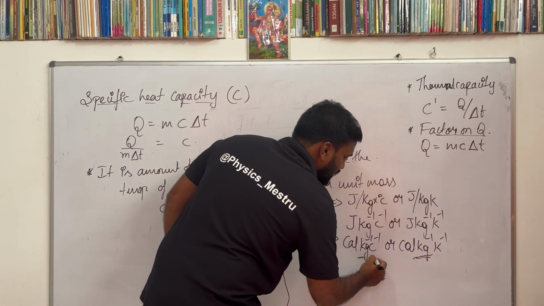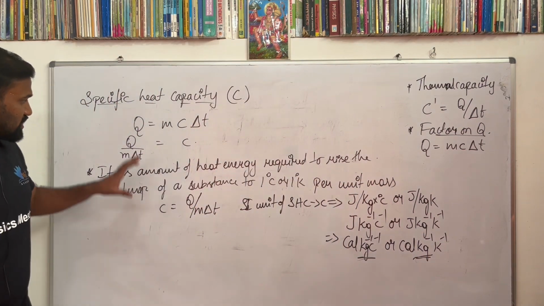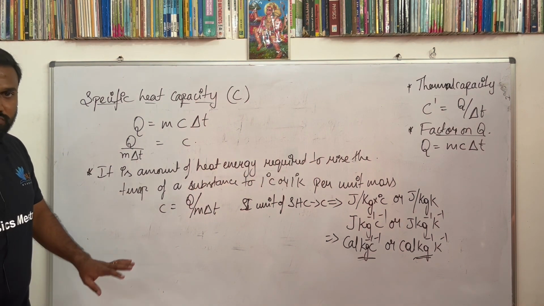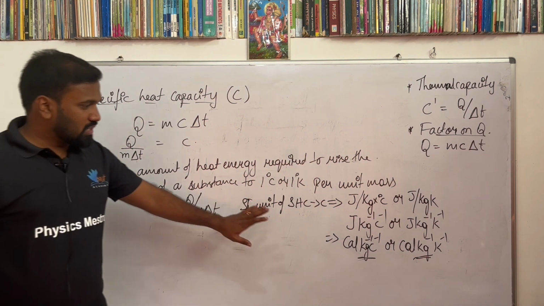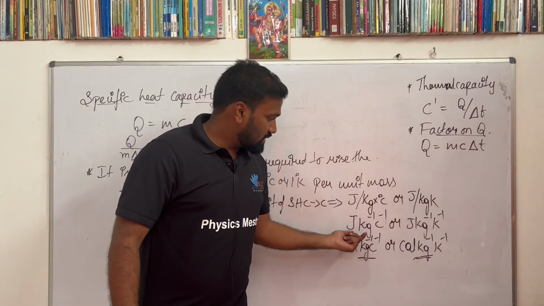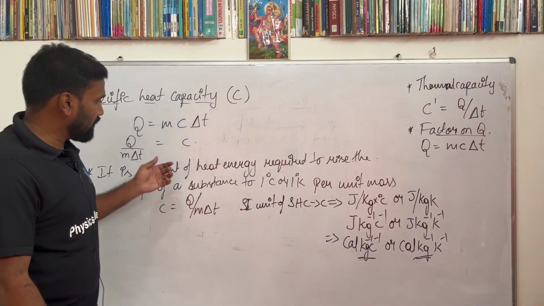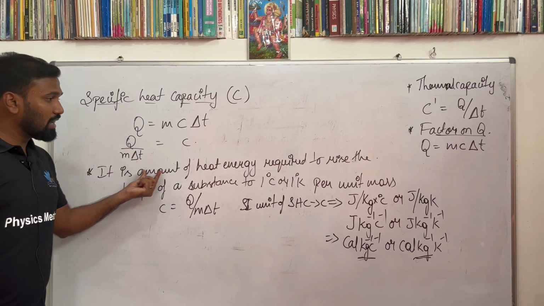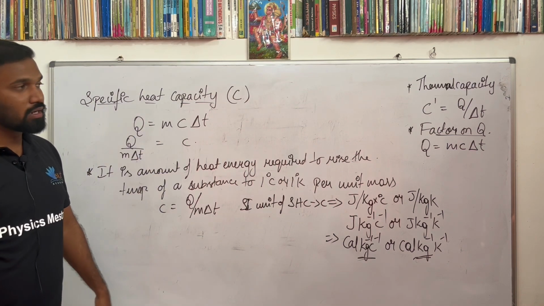These are the different units of specific heat capacity. Clear? Yes. These are the things which we need to memorize: the SI unit of specific heat capacity, the formula, and the definition. I hope you are clear with this.